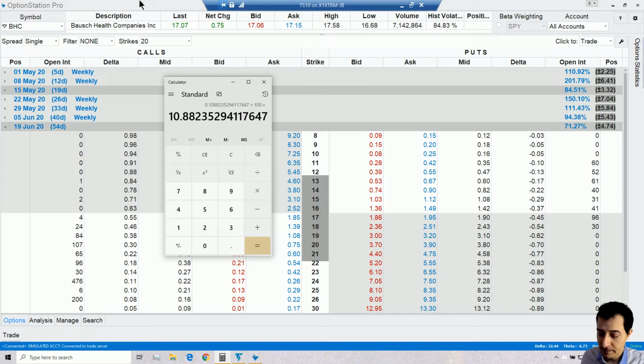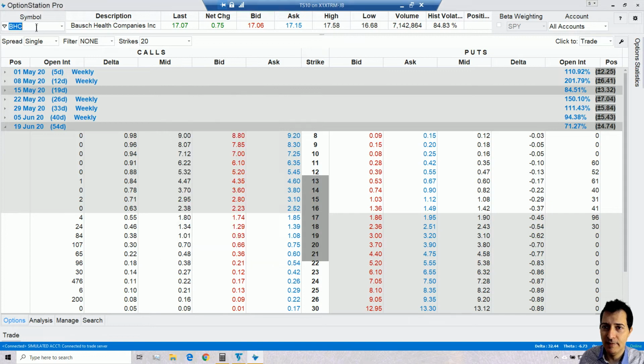But long story short, as a rule of thumb, the lower the price of the stock, or the more boring the stock, the cheaper the options. The more expensive and the more volatile the stock is, the more expensive the options. So if you look at a stock like AT&T, for example.